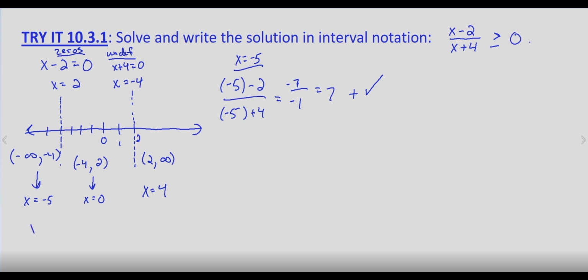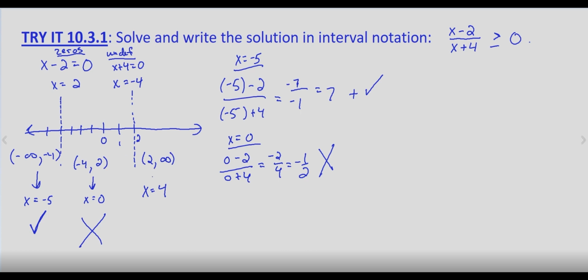We'll put a check mark here to verify that 7 is greater than or equal to 0, so anything on this interval is going to be greater than or equal to 0. Now, x equals 0, in our interval negative 4 to 2. We have 0 minus 2 over 0 plus 4, which equals negative 2 over 4, which equals negative 1/2. That does not check. It is not greater than or equal to 0, so I'm going to put a big X here.